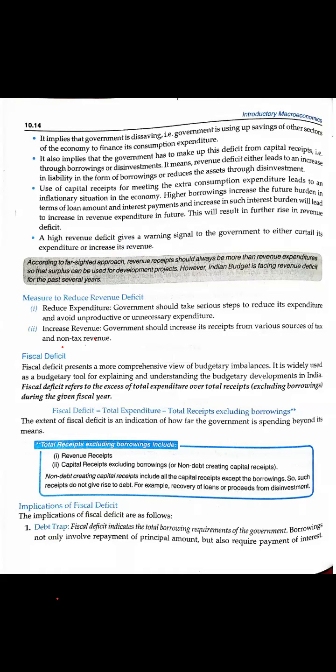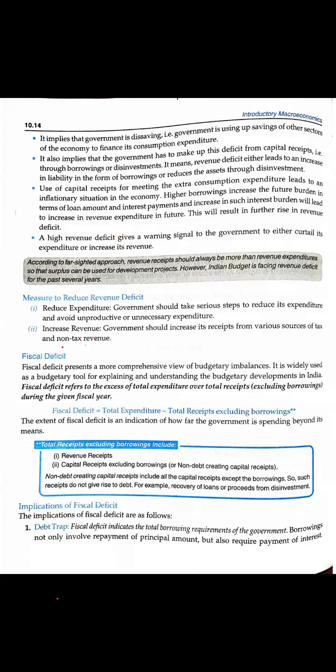Okay. So here, the first thing for the measures to reduce revenue deficit. First thing, how can we reduce? The revenue expenditure. Reduce expenditure. Increase revenue. So here the very last point we have discussed, curtail expenditure and increase the revenue.